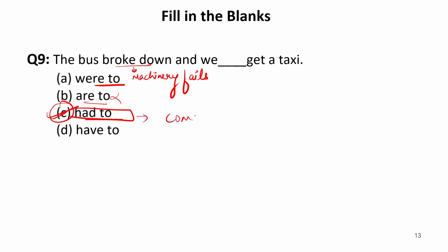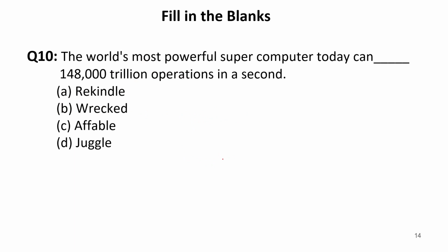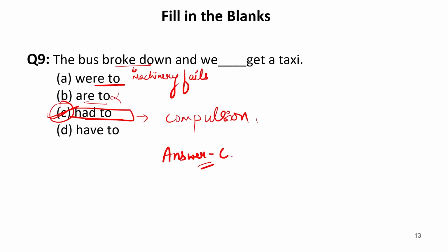And it was only the compulsion that we had to do it. So our correct answer is C. Now let us move to the next sentence. The world's most powerful supercomputer today can dash 1,48,000 trillion operations in a second. Now let us move to the next question.